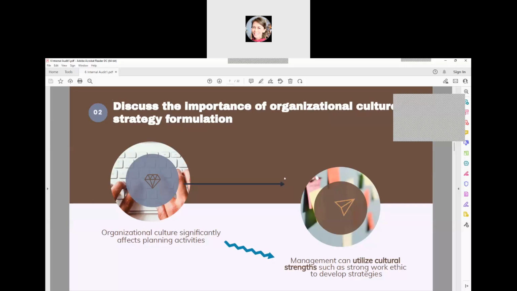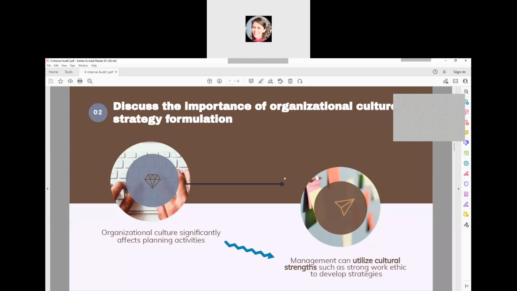Strategy sets the direction and focus. It elaborates plans, a formal environment for employees to understand the organization. Now, culture helps accomplish goals by encompassing goals in the organizational shared values and beliefs. In a way, it's like a marriage between the goals of the organization and organizational culture.